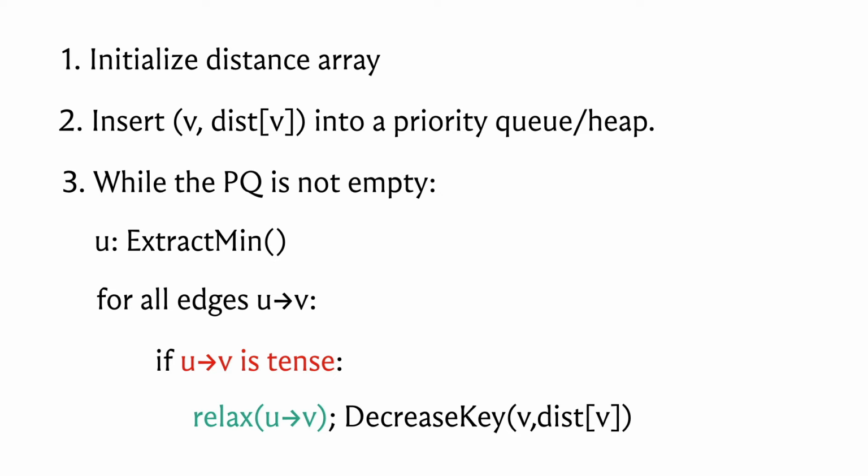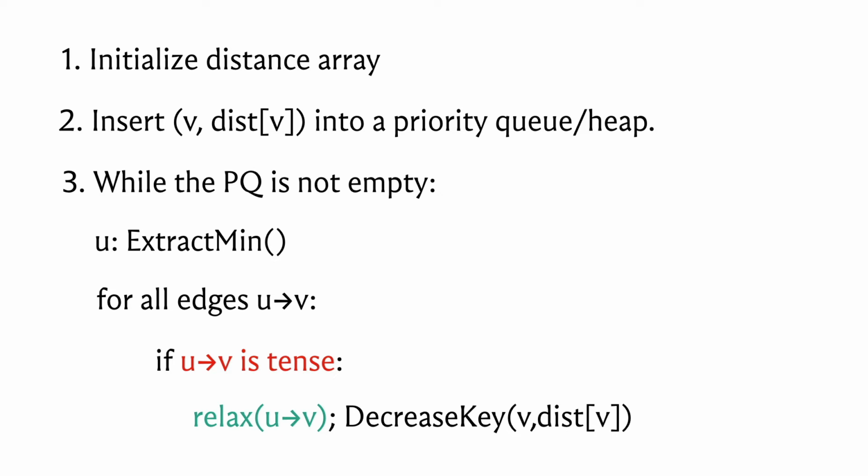So recall that what the relaxation step entails is an update in the distance array. You want to make sure that the distance of V is updated to the distance of U plus the weight of the edge from U to V whenever this sum is better than the current value of the distance of V. And also, if you're maintaining a predecessor array, then you want to update the predecessor of V so that it becomes the vertex U. So this is what you do with all the tensor edges.